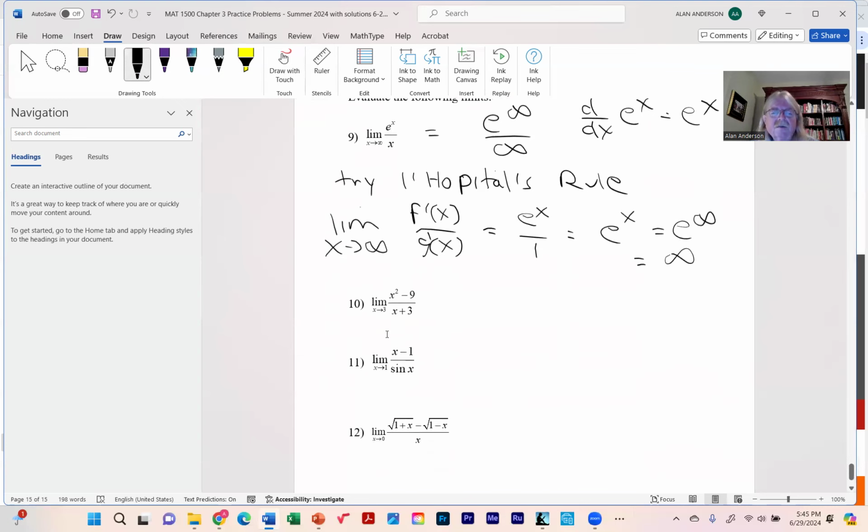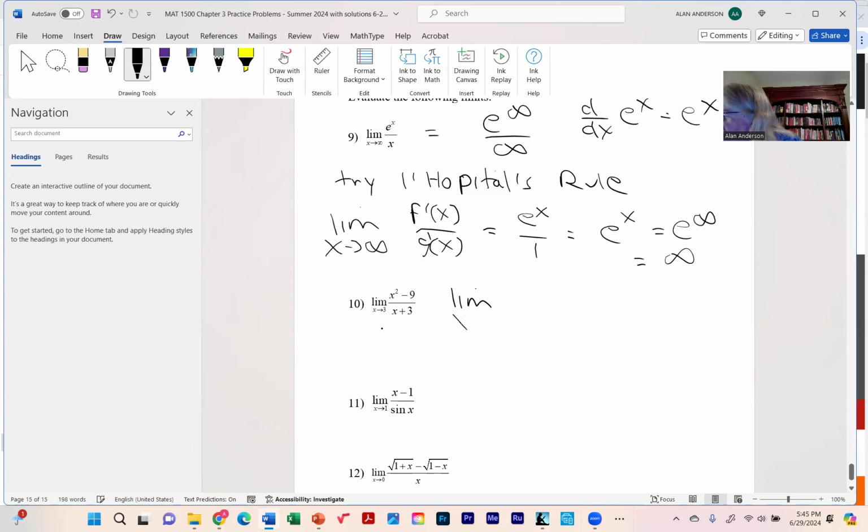All right, now look at this one. Sometimes they kind of take care of themselves. I'm going to rewrite this. If you notice, x squared minus 9 can be factored as x plus 3 times x minus 3.